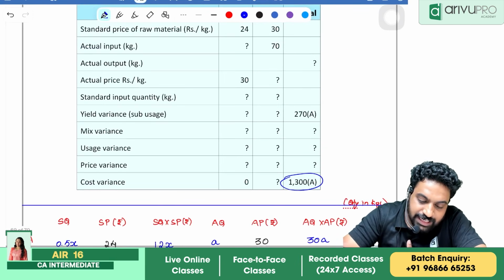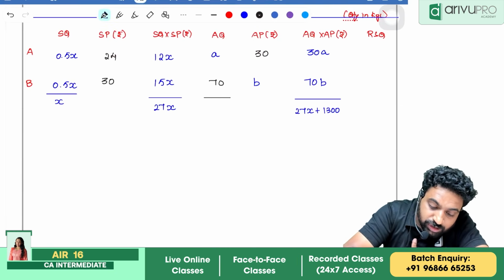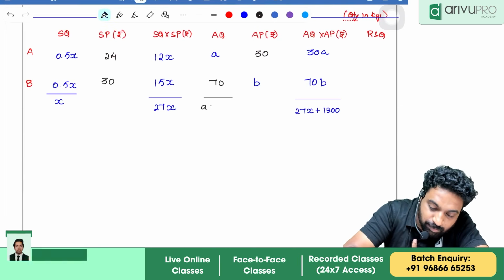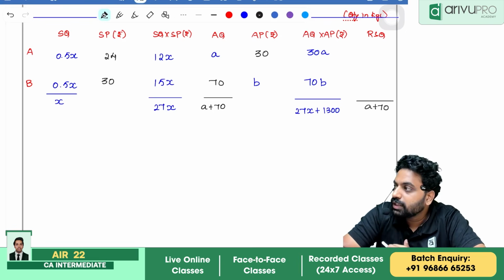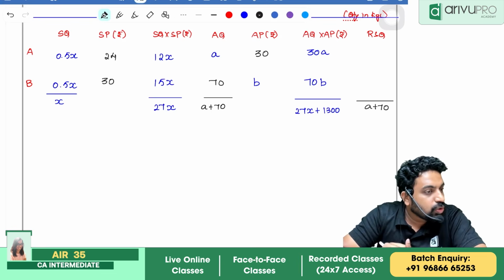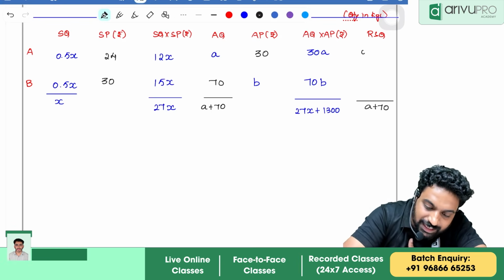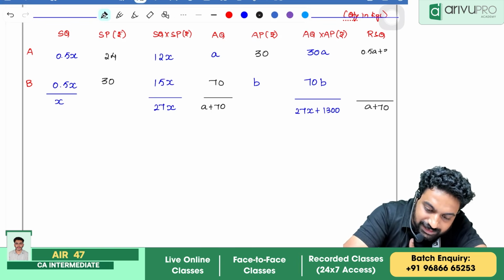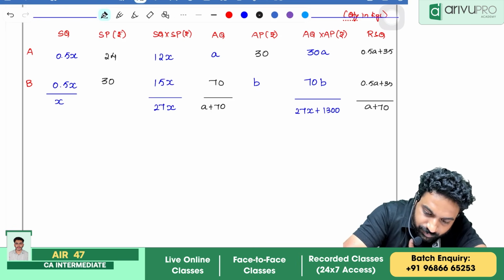Also they have given yield variance information, so that also we can use. So shall I write total of my actual quantity is A plus 70? Now my question is, what is RSQ? RSQ is total of actual in standard proportion. So standard proportion is 1:1. So can I write it as 0.5A plus 35?